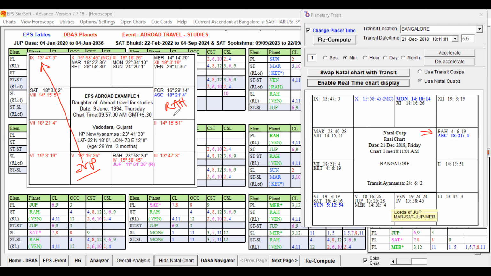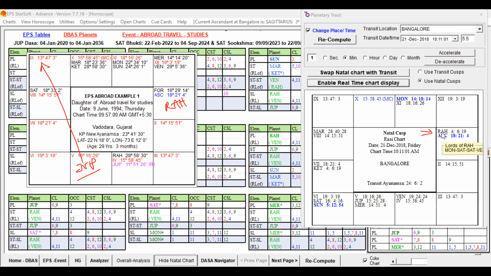Transit Rahu is here. If you check Rahu's star lord, Rahu is in the sign of Moon, star of Saturn, and sub of Saturn. So Moon sign is good. Star lord and sub lord, it is not very strong, but it is a mixed one. But you can see in the natal chart, Saturn is in the star of Rahu.